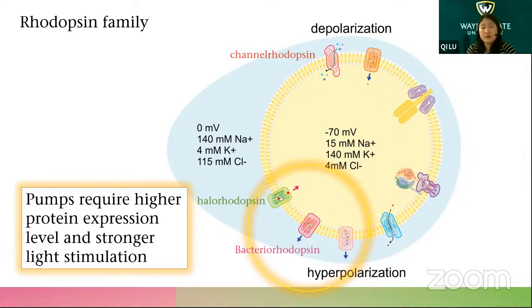For a long time, people thought that a pump may not be as efficient as the channels, because pumps require a higher protein expression level and stronger light stimulation, because each photocycle can only pump one ion that is bound inside the pump, but the channel is different. When it's open, it's just like a flowing pathway for those cations.